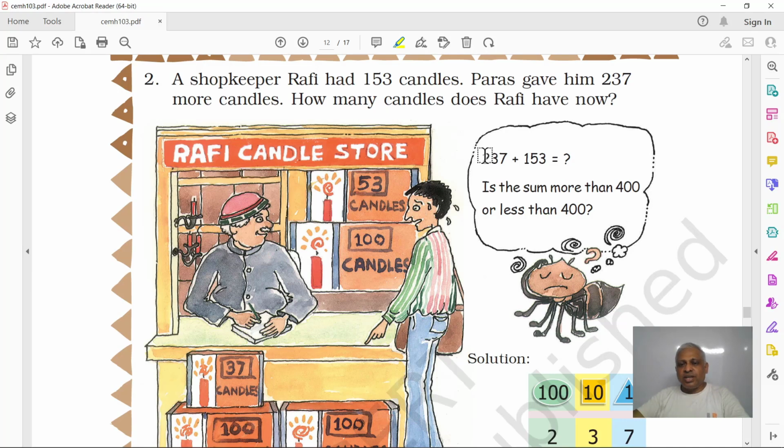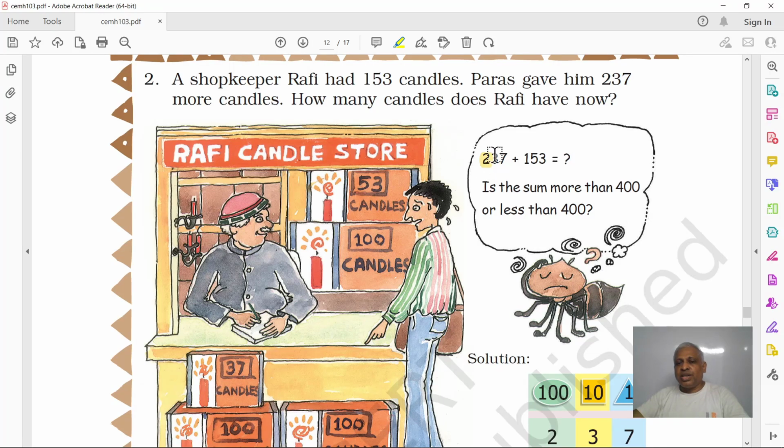Here you see in hundreds place we see 2 here means 200, and the hundreds place here 1 means 100. So 200 plus 100, so it will be 300. Okay, definitely the total number of candles will be more than 300, but not sure if they will be more than 400, right?